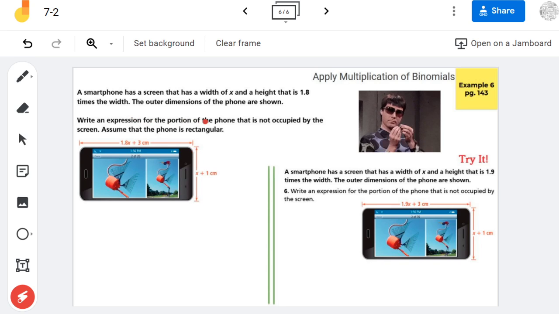So what they want us to do is write an expression that describes the portion of the phone that is not occupied by the screen. So like up here where the speaker is, maybe slightly along this edge here, maybe this part down here where the receiver is. That's what we're looking for, all right?